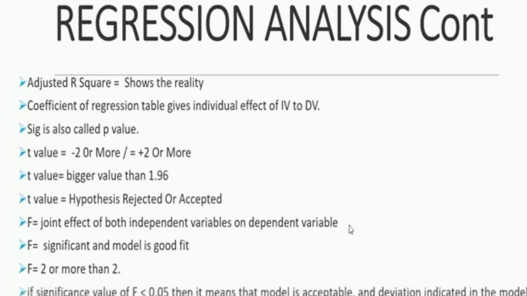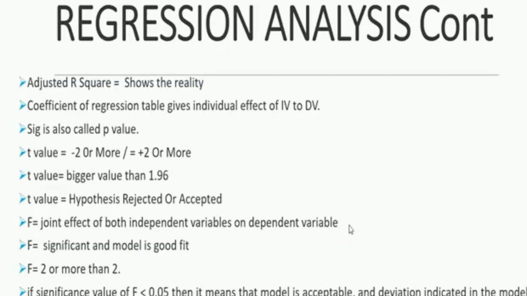If the significant value of F is 0.05, then it means that the model is acceptable, and deviation indicated in the model is not just accidental, which means your results are significant, your variables relationship is significant, and the data which you collected is reliable and not accidental.